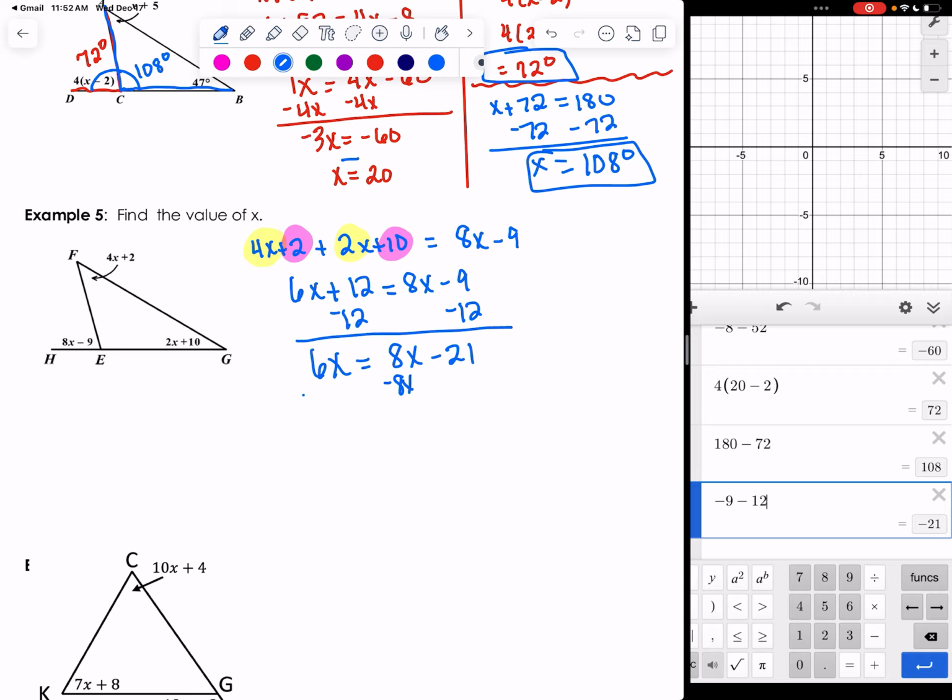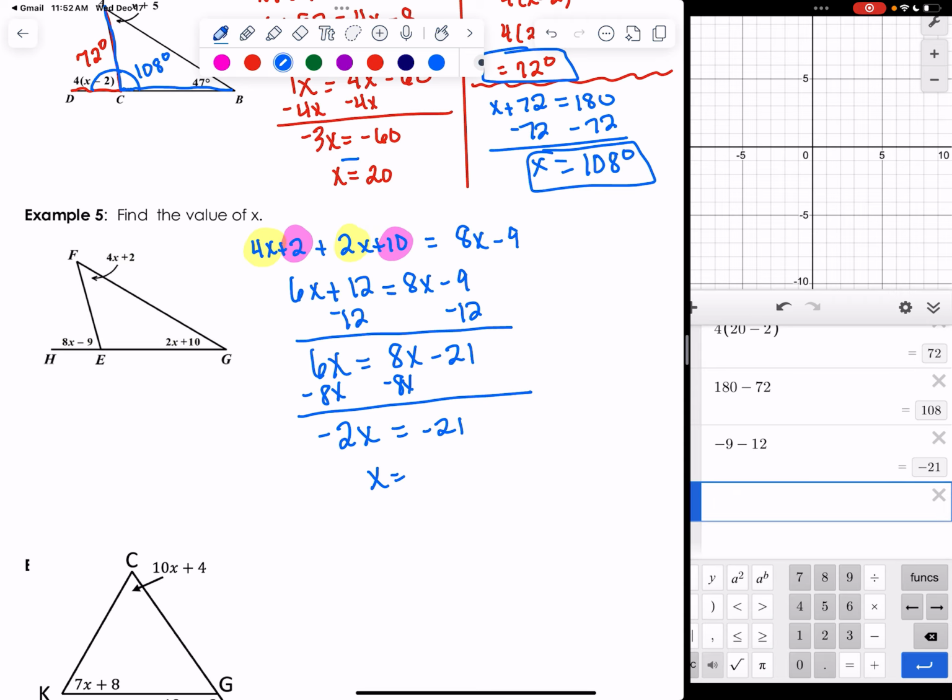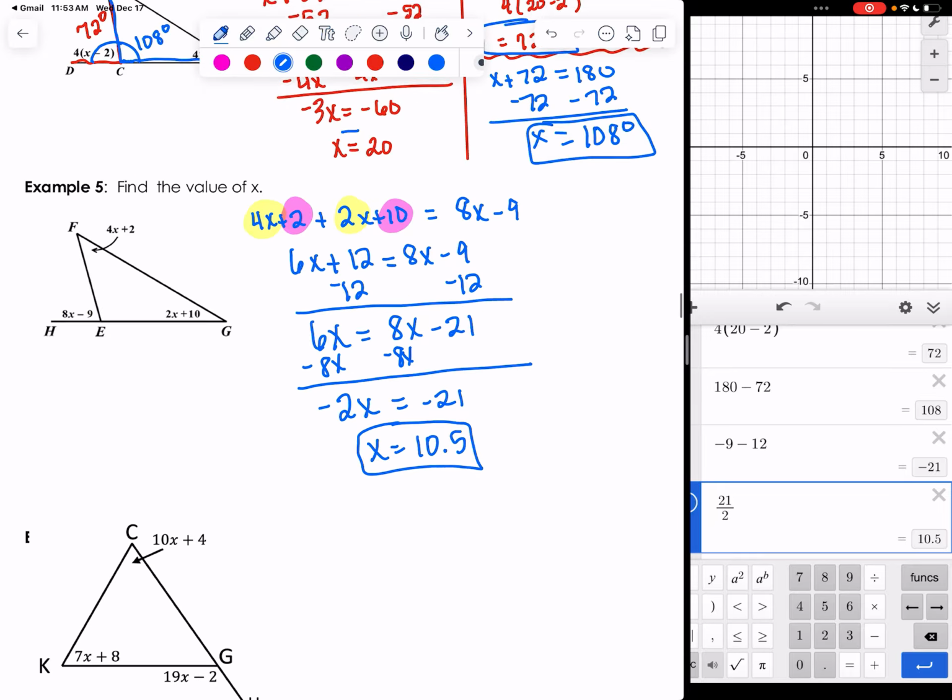Subtract 8x. So negative 2x equals negative 21. And then divide. And hopefully you saw that this would be a decimal. I believe it's going to be 10.5. Now, since they asked me to only find the value of x on that particular problem, I'm done. I do not have to find any of the actual angle measures.